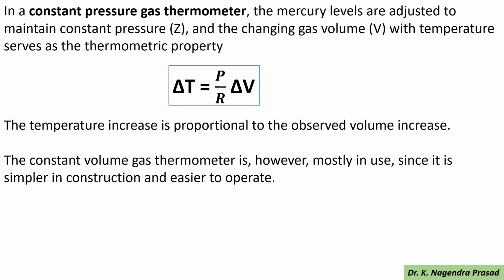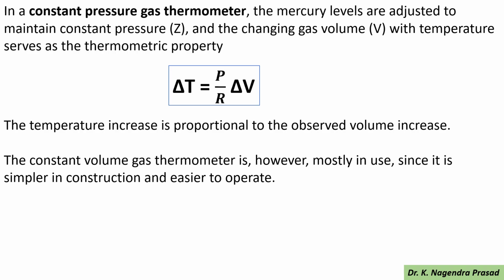So the thermometric property is the change in gas volume with respect to the change in temperature. Then the change in temperature, delta T, equals P by R into delta V. So here the temperature increase is proportional to the observed volume increase.